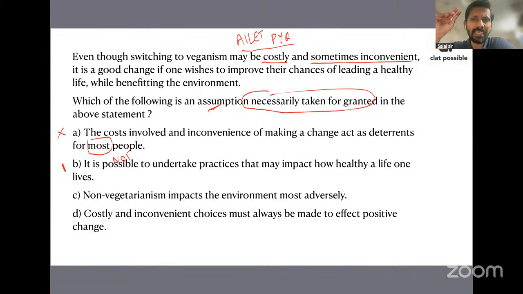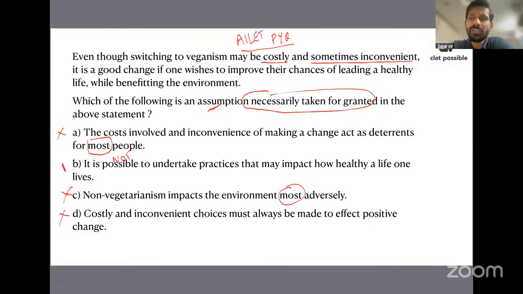As I said, that most word sort of undid option A. Non-vegetarianism impacts the environment most adversely. Again, we don't require this. Costly and inconvenient choices must always be made to effect positive changes. Again, not required, right?